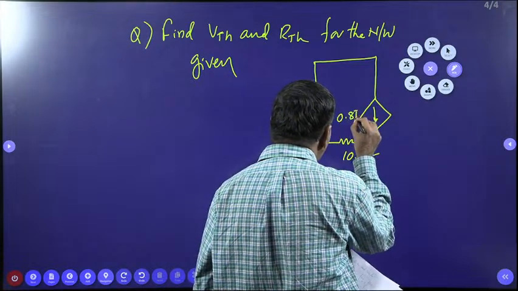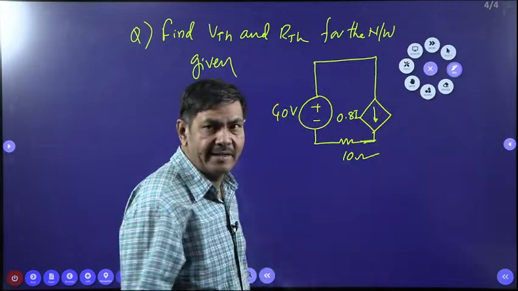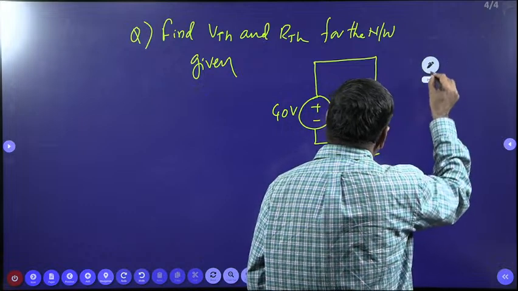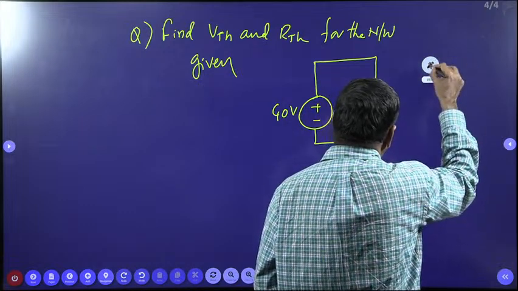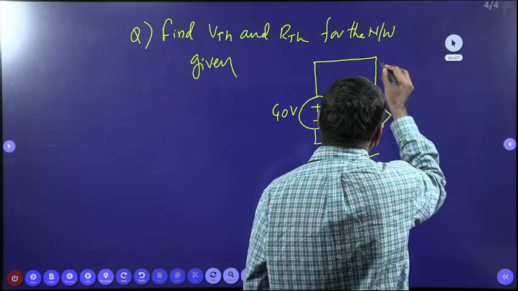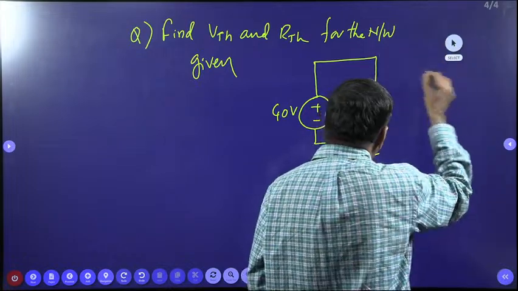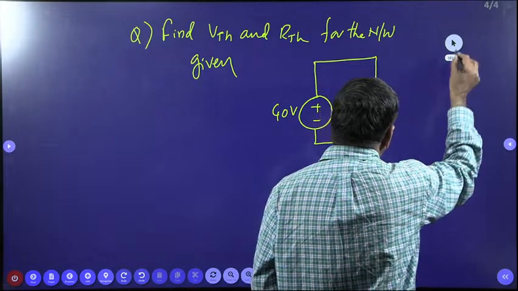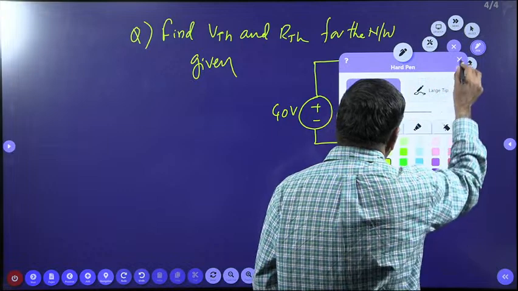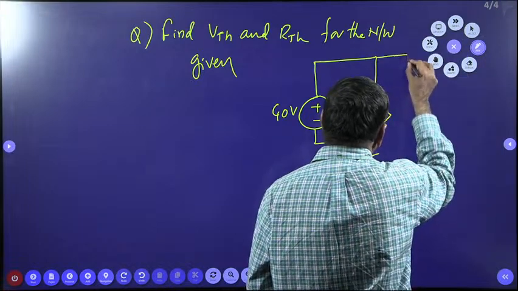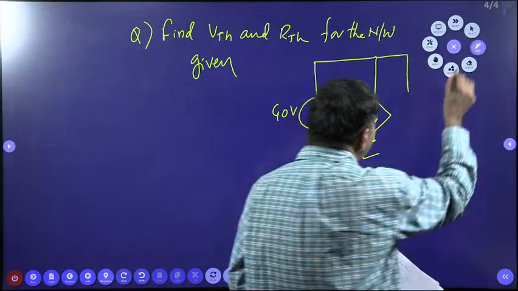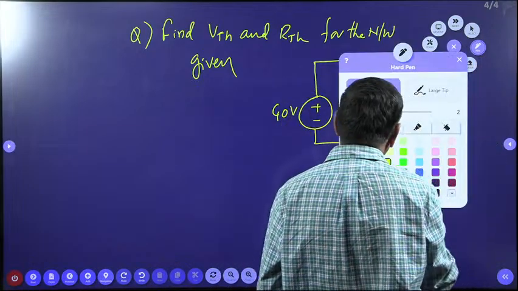0.8 I I have taken. One I, small i or capital I, your wish. And here connected with a resistance of 6 ohms.